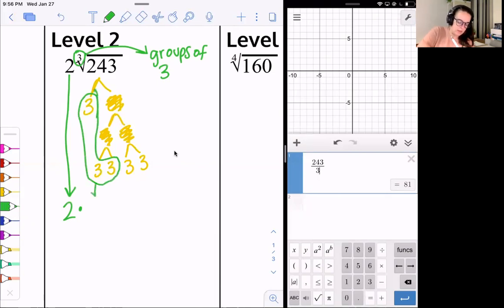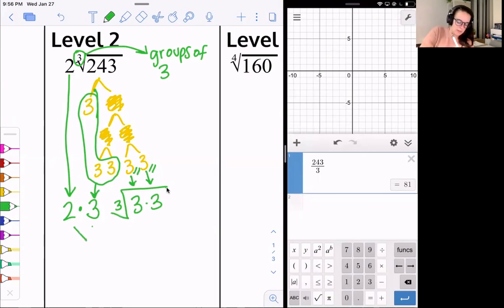So that's going to make a group of 3 on the outside. And then I have 1, 2. I don't have enough, so both of these are left over. They're going to stay on the inside. 3 times 3 on the inside, right? So I have 3 inside my radical.